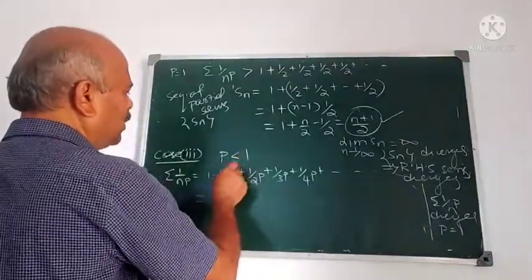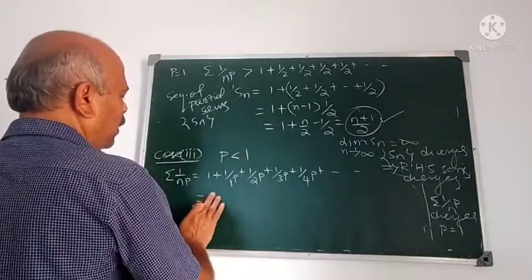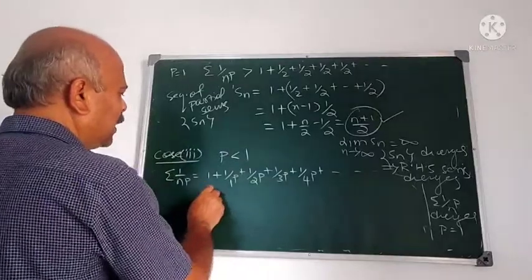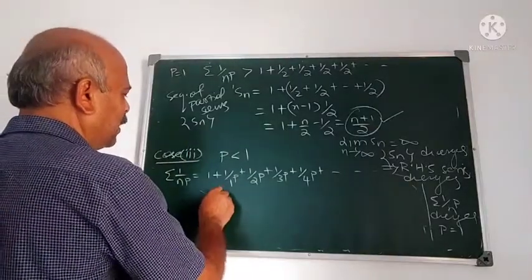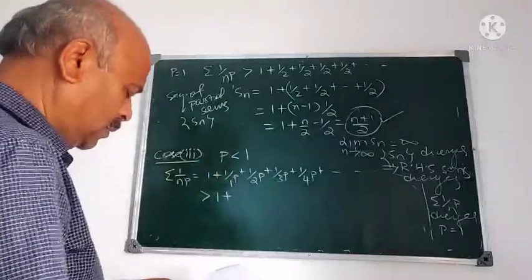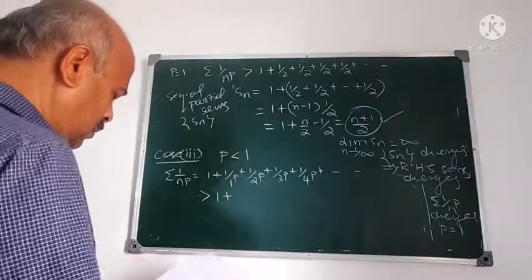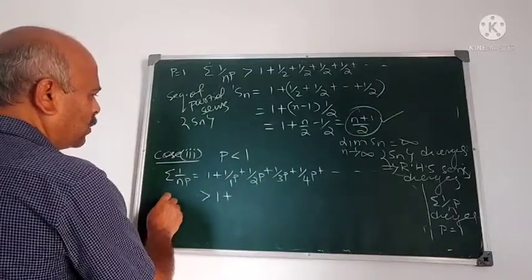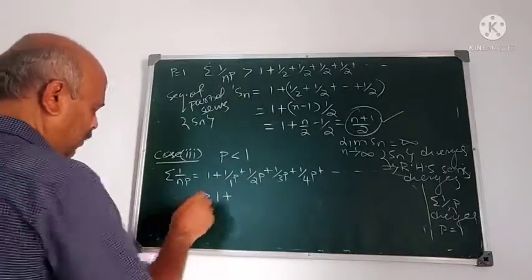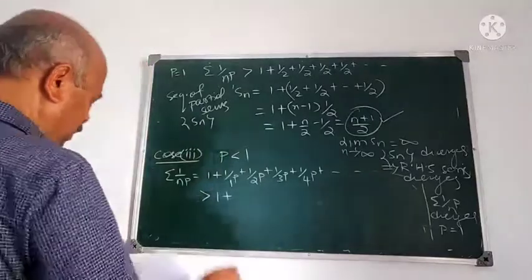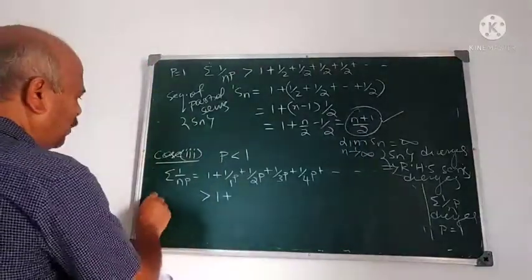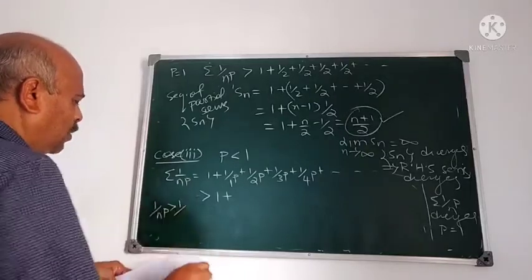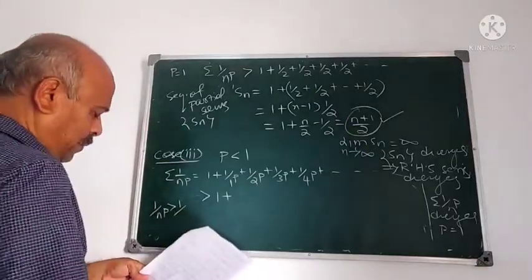Since p is less than 1, what happens here? 1 upon n raised to p is greater than 1 upon n, correct?